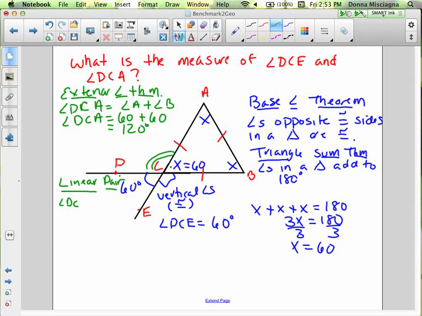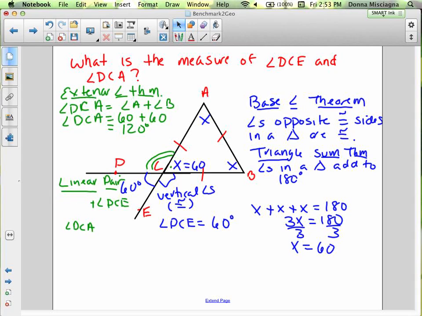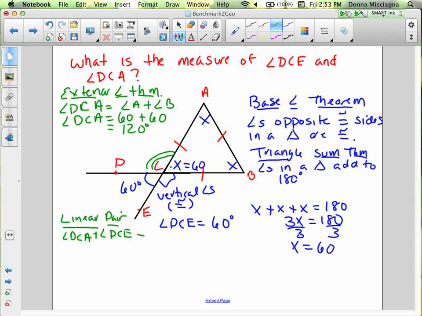Angle DCA plus angle DCE, I don't think I'm able to fit it there, I'll just put it down here, equals 180 degrees. If we subtract 60 from both sides, angle DCA is equal to 120 degrees.